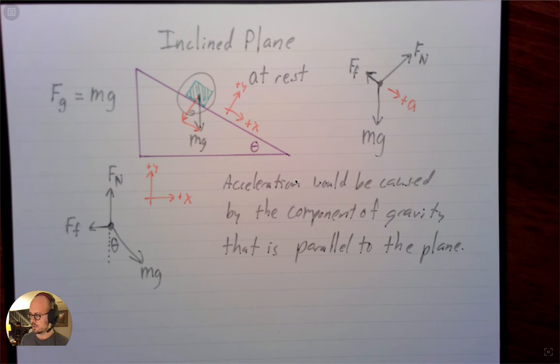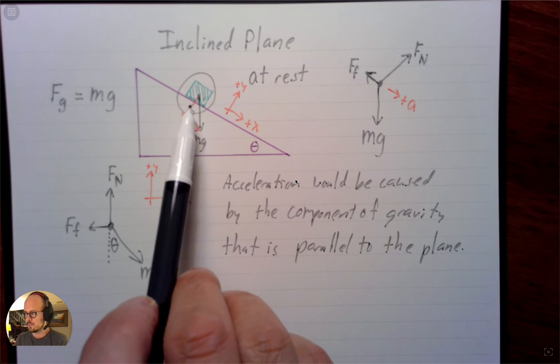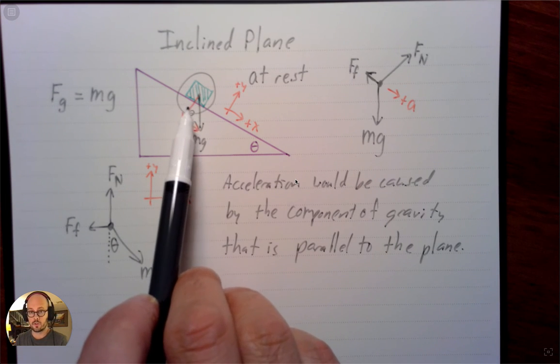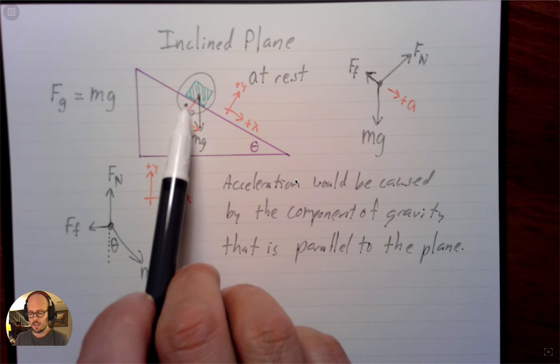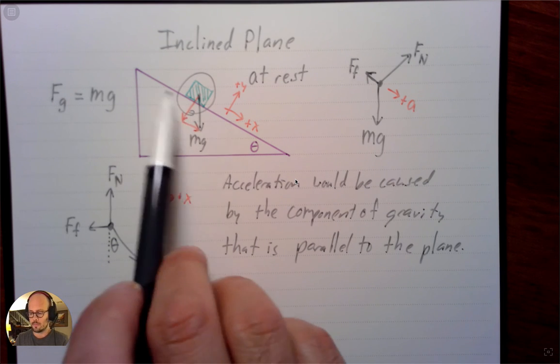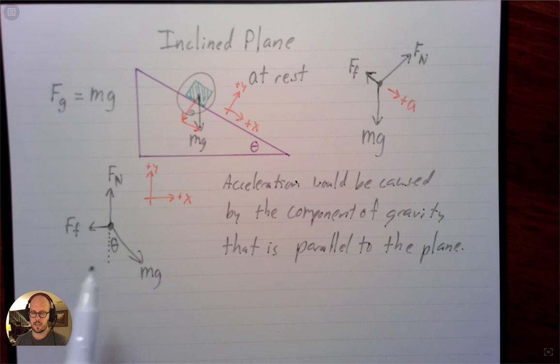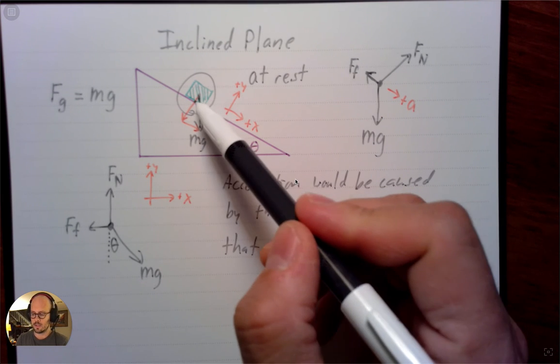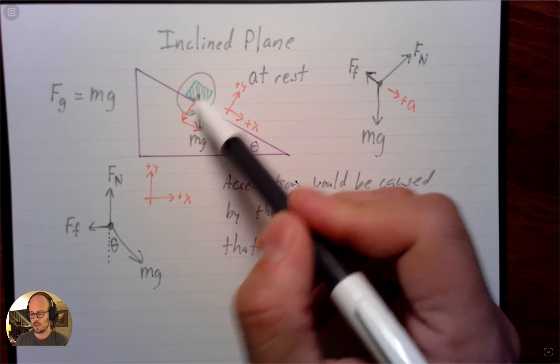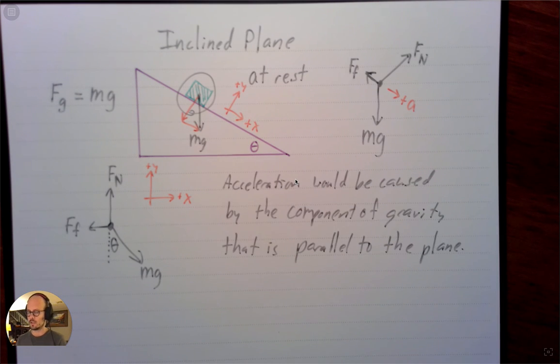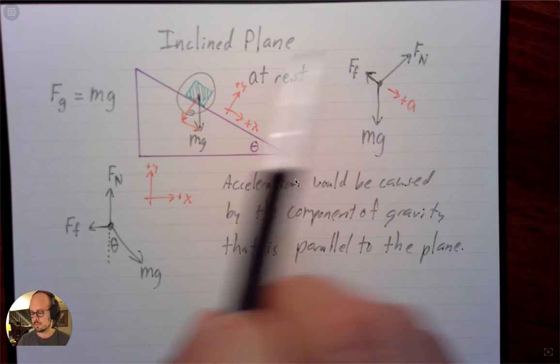If you think about the other forces, that's really the only option, because in this plane, the normal force points straight up out of the plane, and that is 90 degrees away from the surface of the plane. And so it is not possible for the normal force to actually accelerate it, because it would only serve to push up and float the box off the incline, which is not possible.